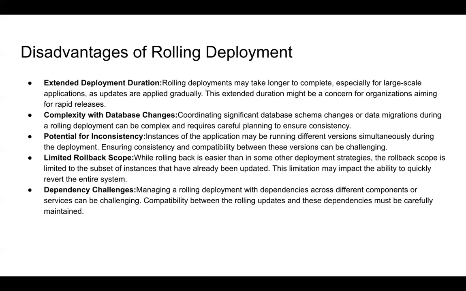Because if something changes in one part of the code, you have to change it throughout every single server. So maintaining that kind of consistency is also very important. That finishes up rolling deployment.